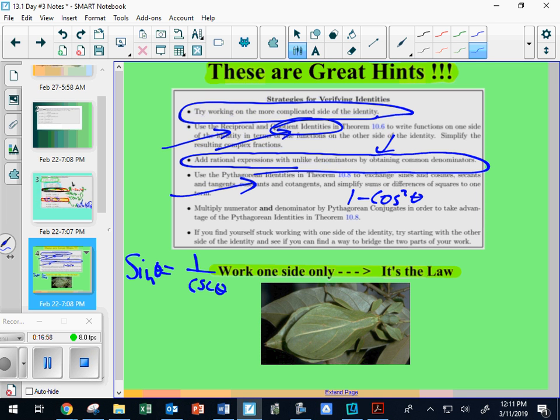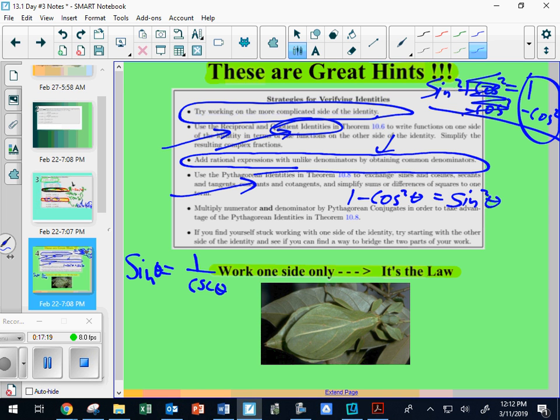That's sine squared. Why? Because sine squared plus cosine squared is equal to 1. And if I subtract cosine squared from both sides, I'm forgetting the thetas. Sine squared is 1 minus cosine squared.